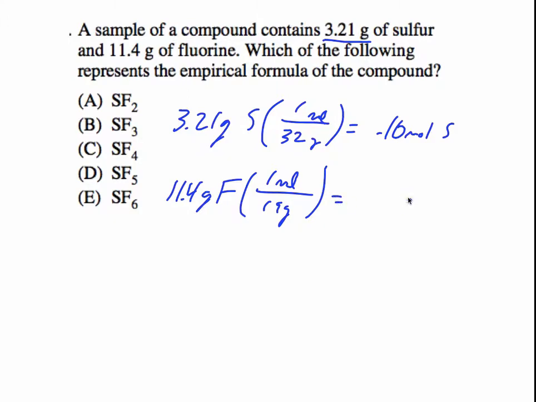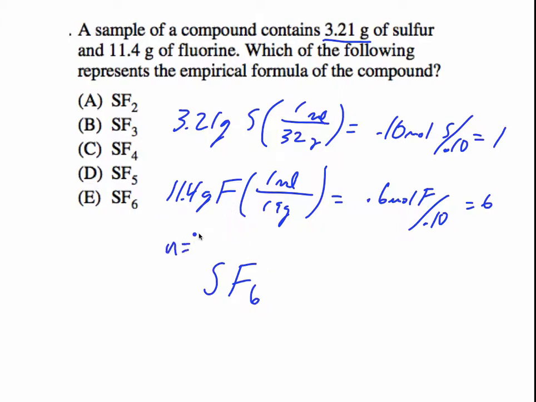So that is going to be 0.6 moles F. Divided by small, 0.1, that's 1, 0.10, that's 6. S1, F6, and I could do the Lewis structure for that. You can probably tell I'd have to expand the octet, and in this case, S is in at least n equals 3. It's got that empty d orbital, and I could go ahead and do that.